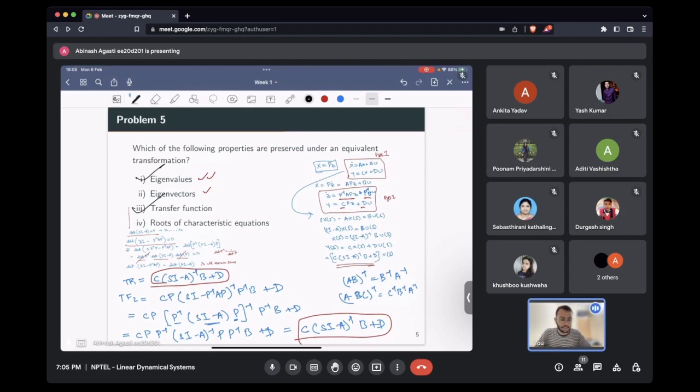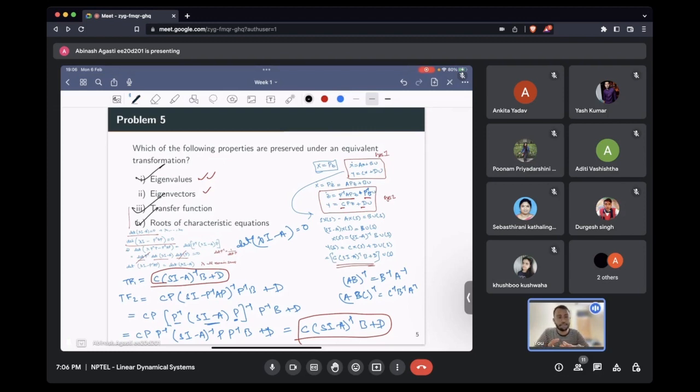And the characteristic equations are nothing but the denominator of the transfer function in some sense. But for a MIMO system, the equation determinant of lambda I minus A equal to 0 is the characteristic equation. So clearly the roots of the characteristic equation will be equal to the eigenvalues. So this is also preserved.